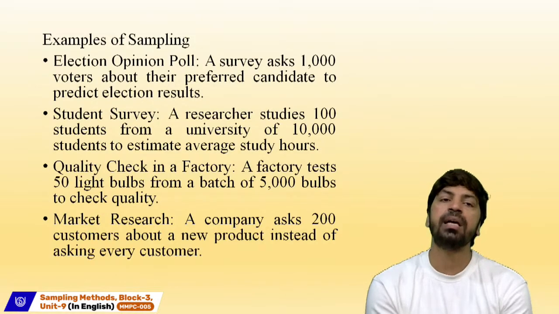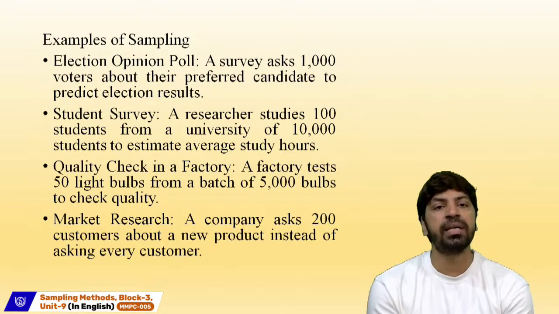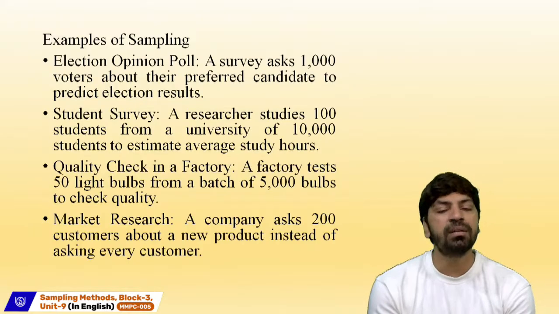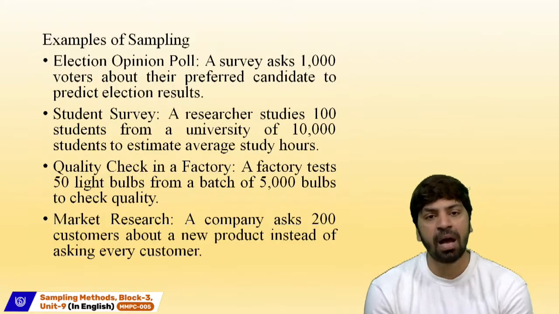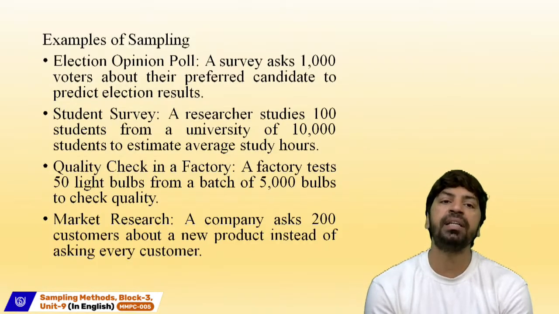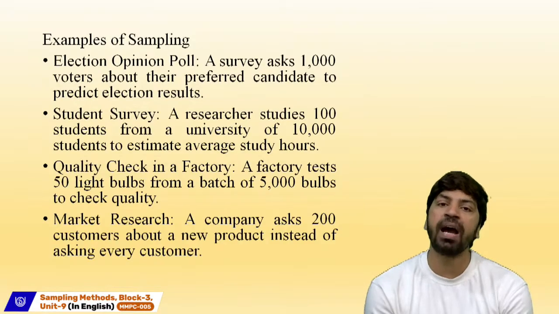The next example is a student survey: a researcher studies 100 students from a university of 10,000 students to estimate the average study hours. Quality check in a factory: a factory tests 50 light bulbs from a batch of 5,000 bulbs to check quality.